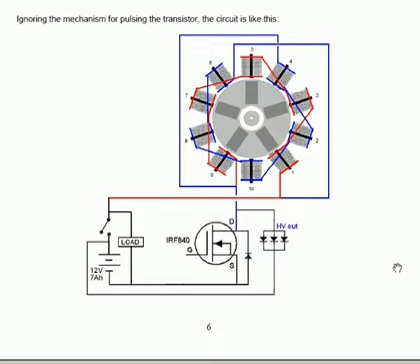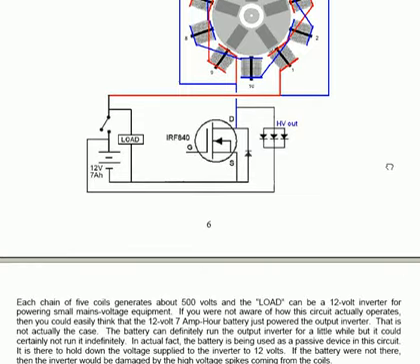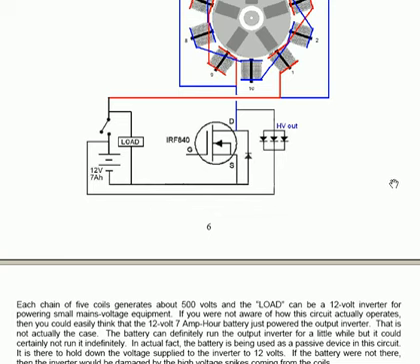If you are not aware how this circuit actually operates, then you could easily think that the 12-volt battery is just powering the inverter. That's not actually the case. The battery can definitely run the output inverter for a little while, but it could certainly not run it indefinitely.